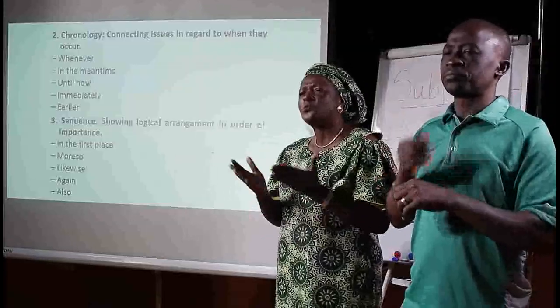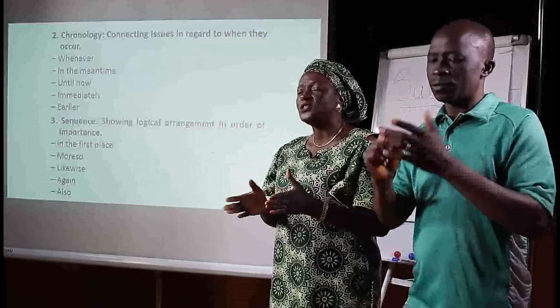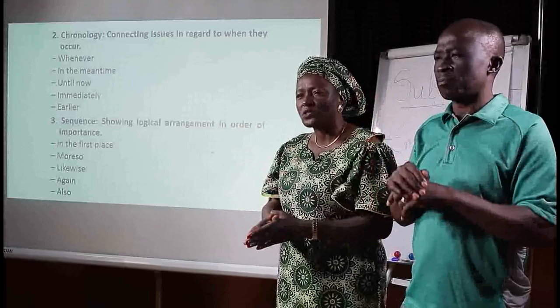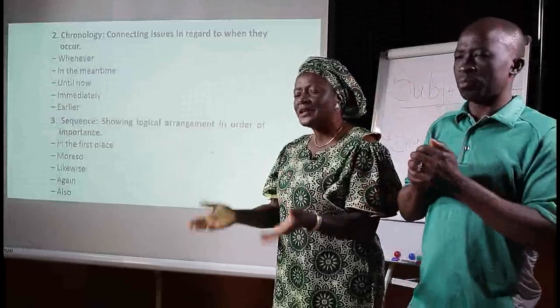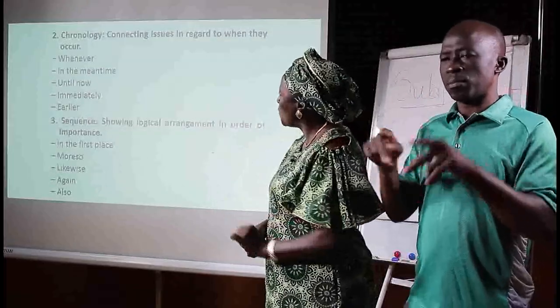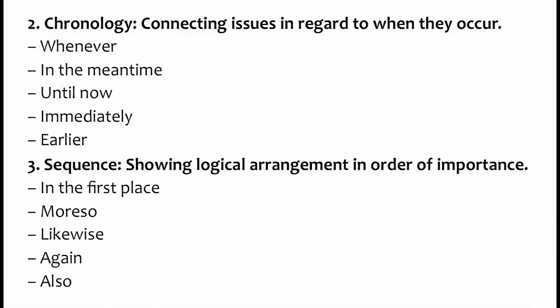There are times that you equally need to write, highlighting on time, when a thing happened, when it was brought into existence, when it was taken away from a particular person. So you just need to work on that. So you use transition words and phrases like whenever, in the meantime, until now, immediately, earlier. This is just to mention a few.